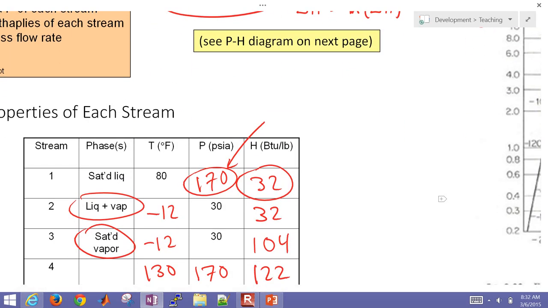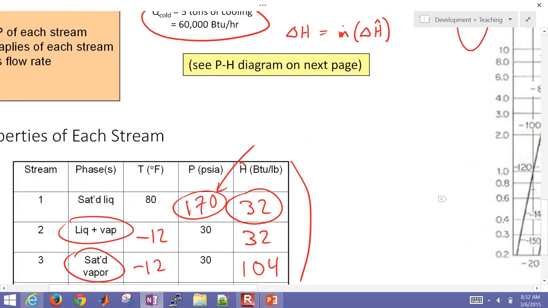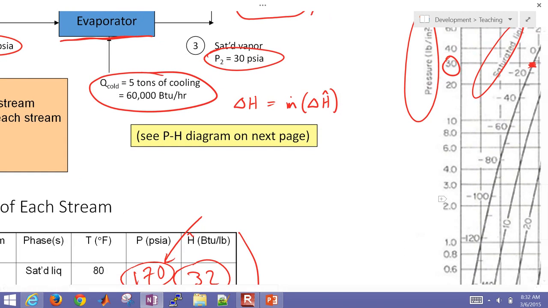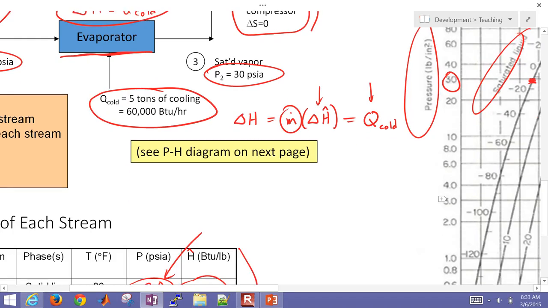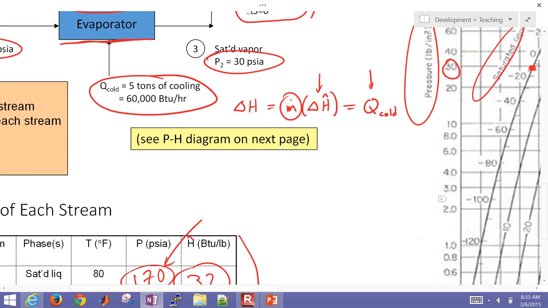Okay, and so we have those specific enthalpies right here. I'm going to put a little hat over that for specific enthalpy. Okay, and that we know has to be equal to Q cold. Okay, so we know this and we know that. The only thing that we don't know is the mass flow rate.